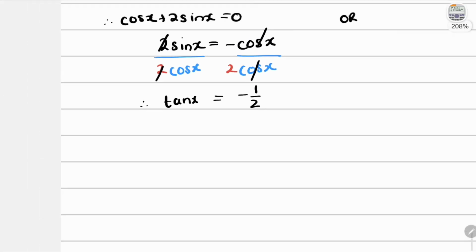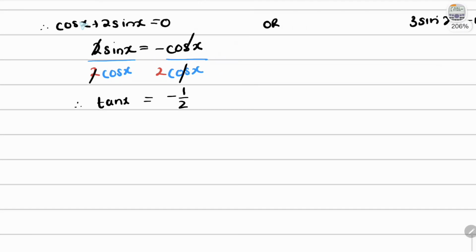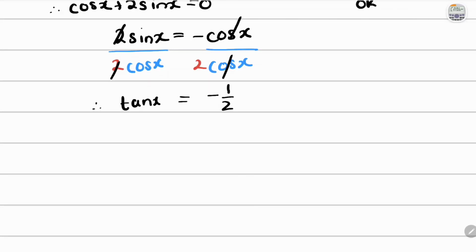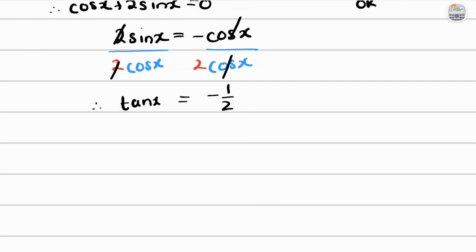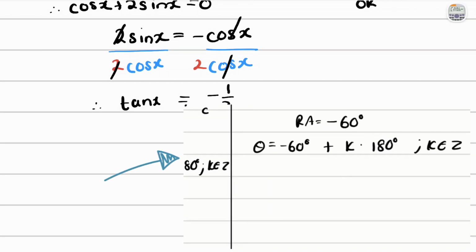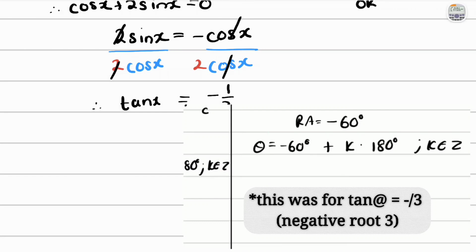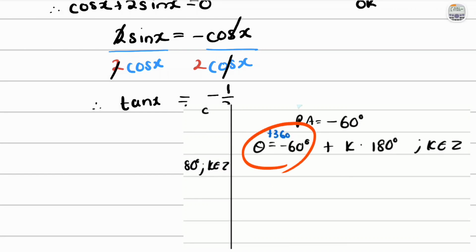And we just have to find the general solution for this. Now, with this equation, I have a video on this, and I show you how we can solve for these equations in a quicker way, okay, that still gets you to the same answer. But please note that in the tan section, there's a place where I say plus 360 degrees, because I was still following the sine and the cos graph and how they go.